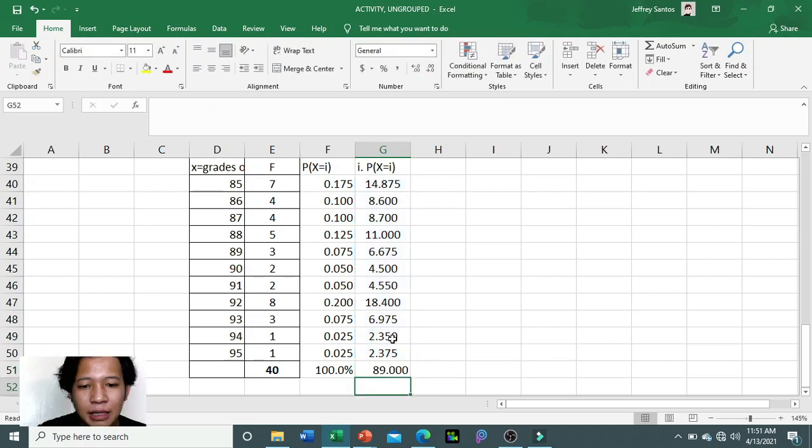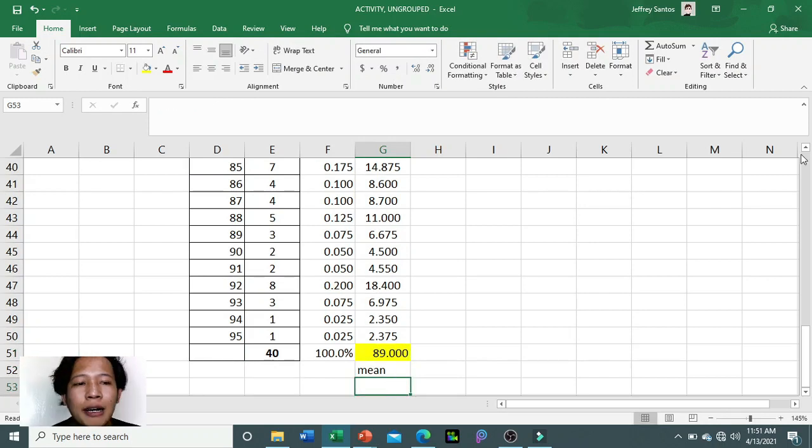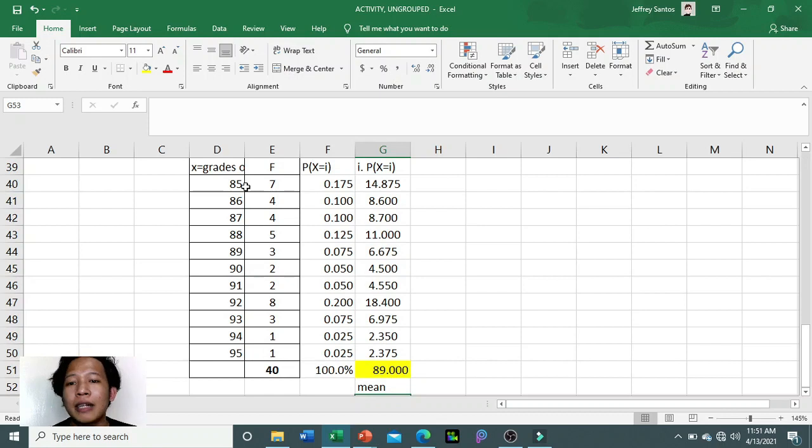Our mean, or our expected value, for our data is 89. Same as what we do with the mean that you already know. So that's how we get the mean of the discrete random variable that we have here.